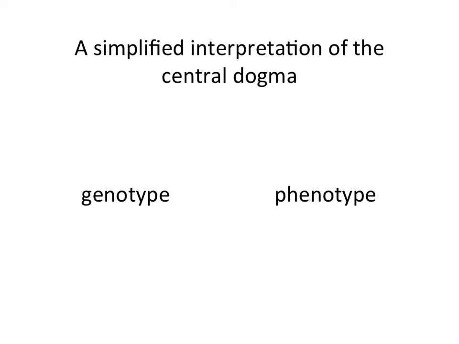But to introduce the concept, now I'm on to slide 5. Central dogma. So what's the idea of the central dogma? We go from what's on the left, DNA, that is your genotype, produces RNA, which produces protein.